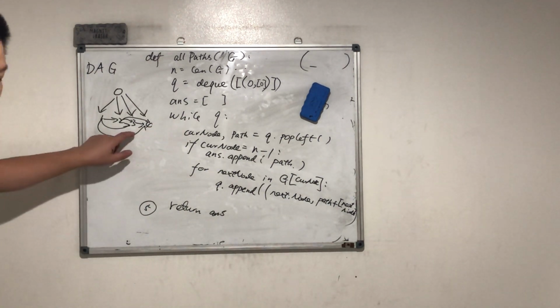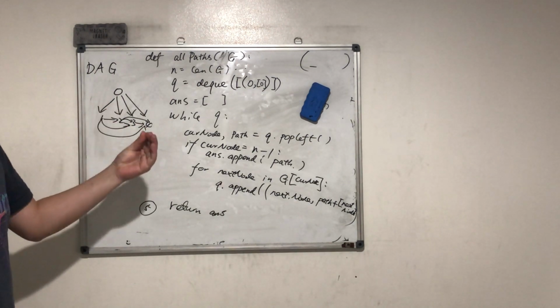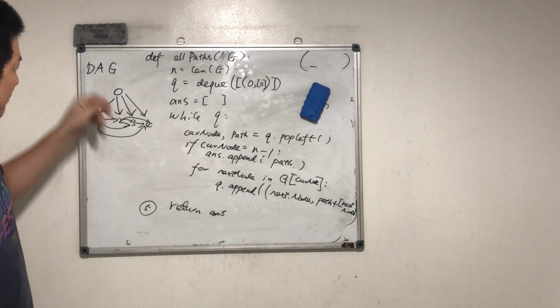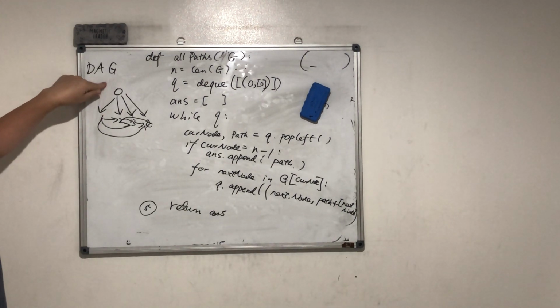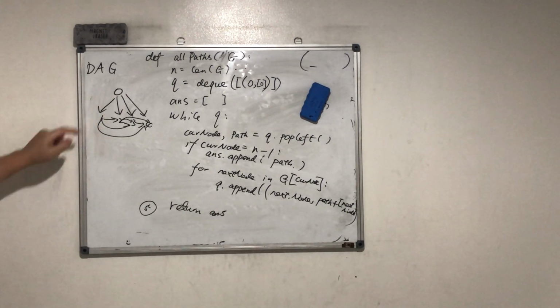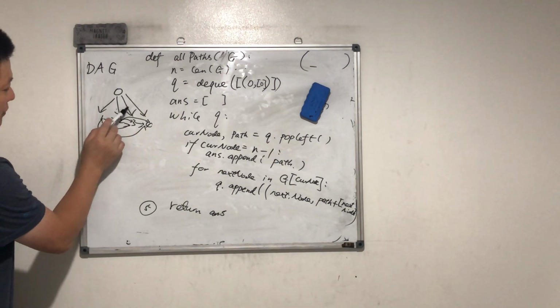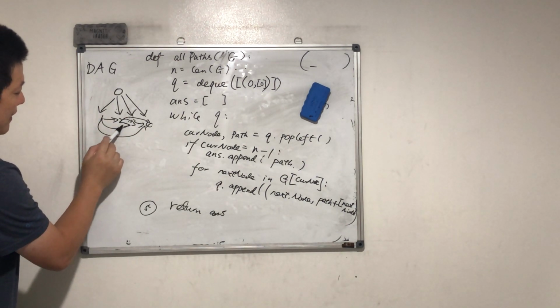So every node can go to the nodes which have a larger value, to satisfy directed acyclic graph. How many edges? 1, 2, 3, 4, 5, 6, 7, 8, 9, 10.